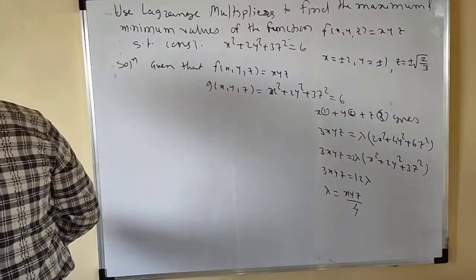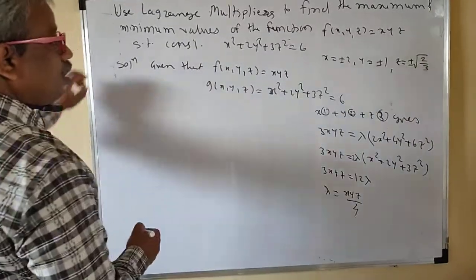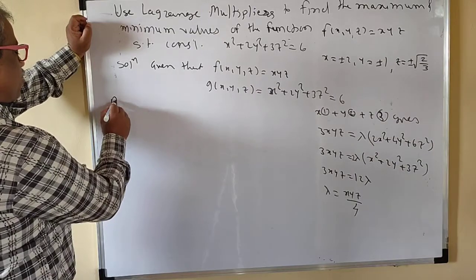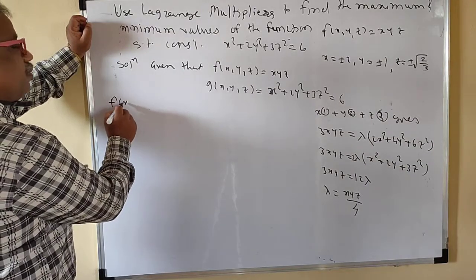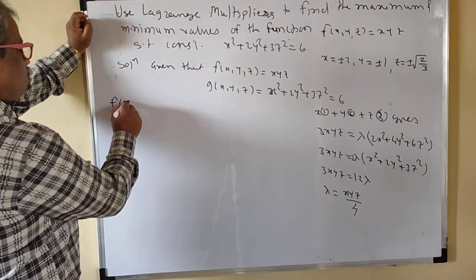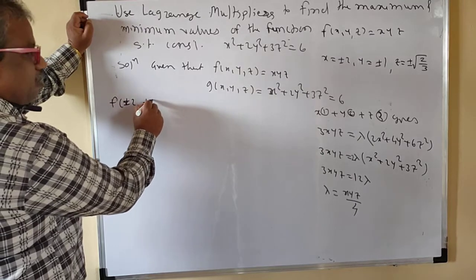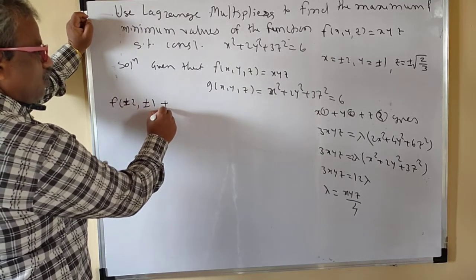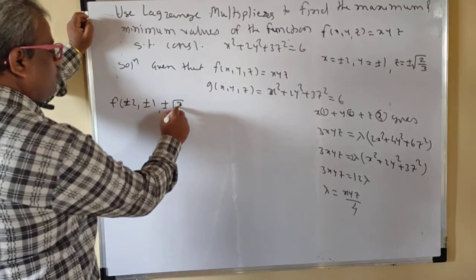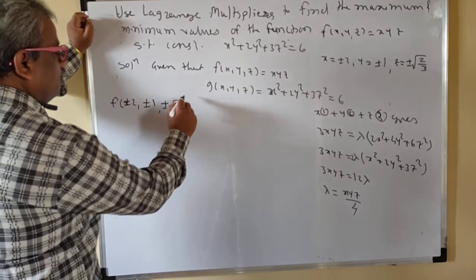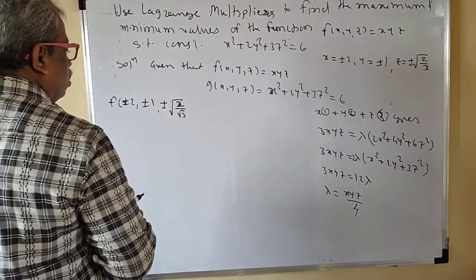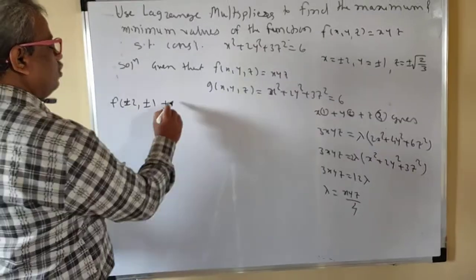So we find the value of this. So what is f of x, y, z? f is plus or minus root 2, plus or minus 1, plus or minus root 2 by 3, or root 2 by root 3.